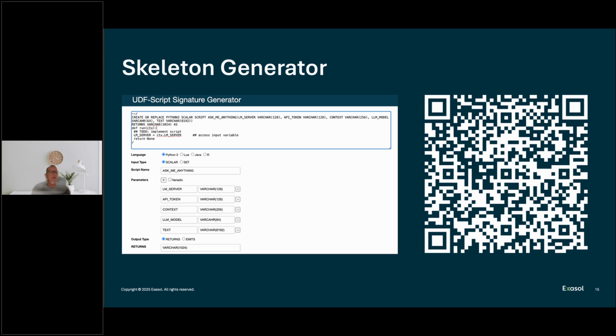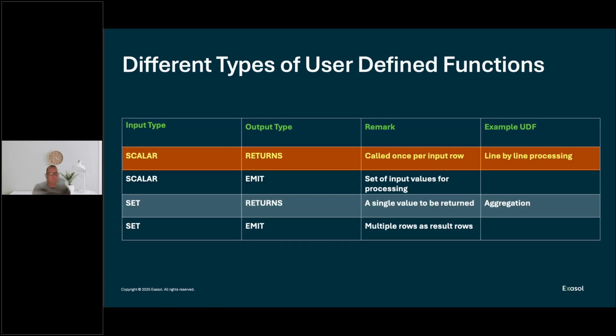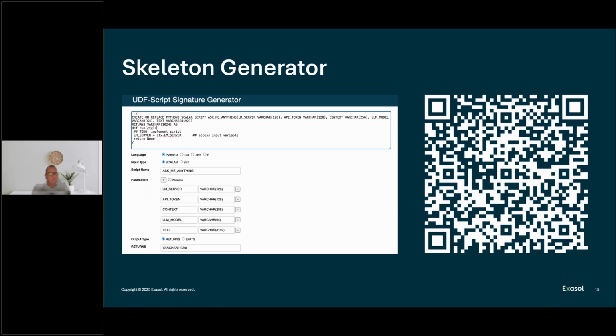In my case, Scala, I'm just giving some parameters, and you can see this later on in the demo. And I'm returning just a text, which is basically line-by-line processing, which is the first line here. If you want to photograph the QR code, this will bring you directly to our webpage with the signature generator.